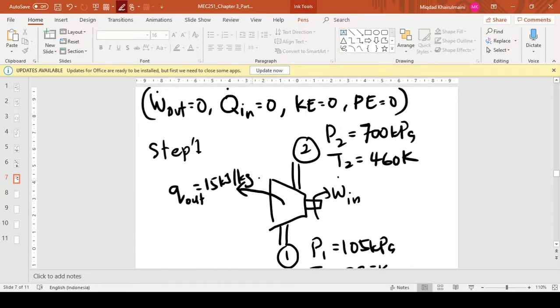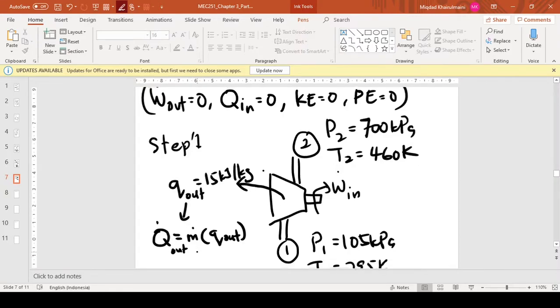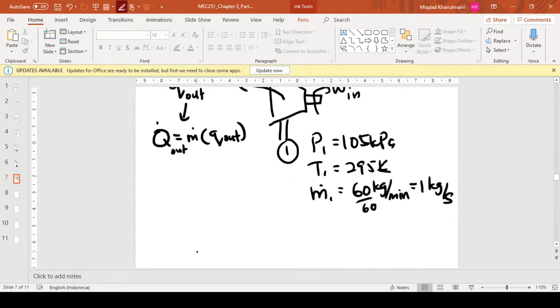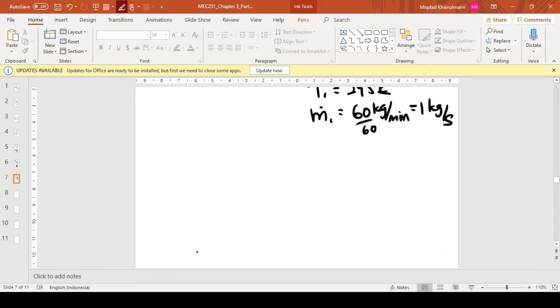To convert into capital letter Q, this will be m dot multiplied with q out. If we want to convert it into capital Q, we multiply it with the mass flow rate, so it should not be a problem later on. Next we'll come up with the equations.